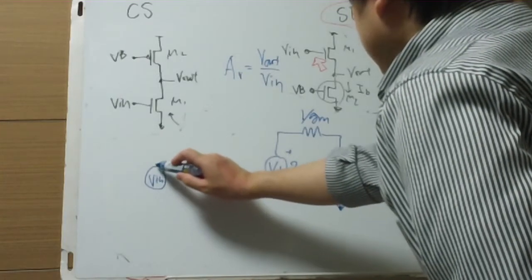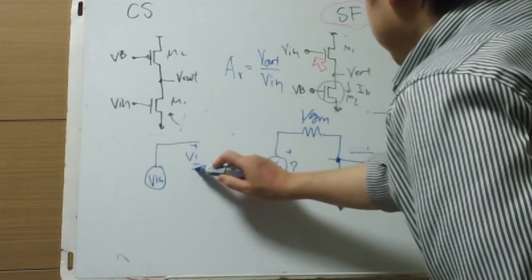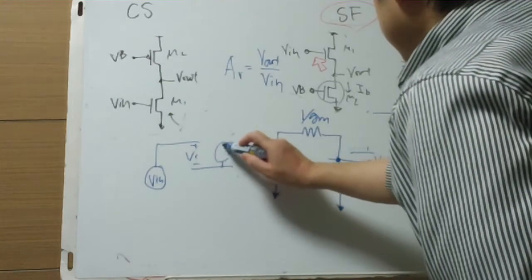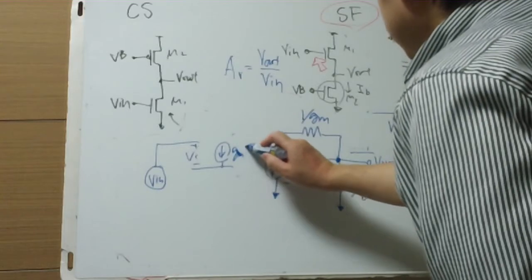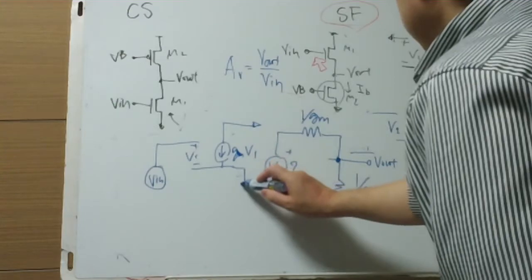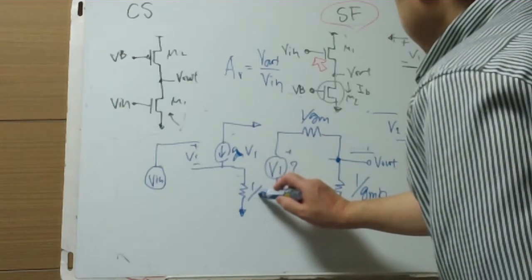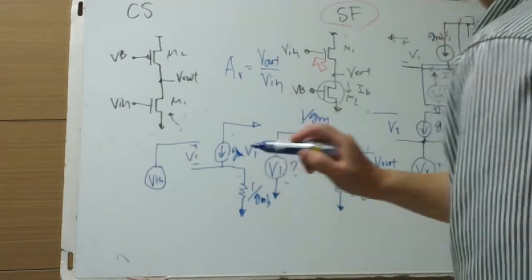V in, plus minus V1, and there's current GmV1, equivalently in parallel with 1 over Gmb.